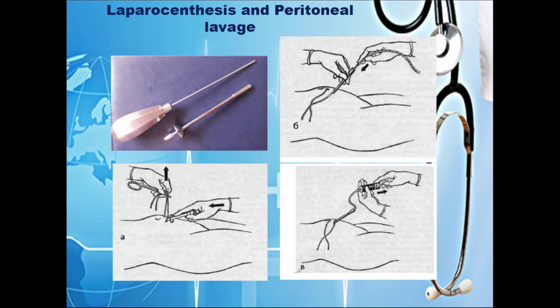But the specificity is about 50%, so we will not know which organ bleeds or where the hole in the intestine is when we see the peritonitis.